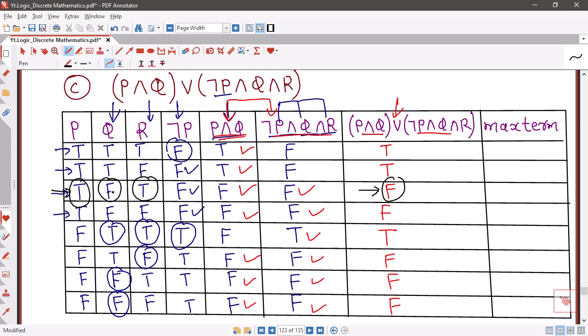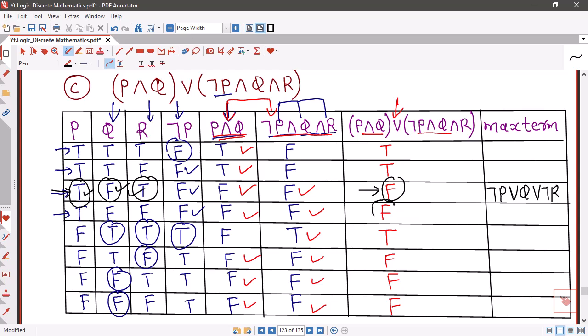So here Q as it is and P and R are true, therefore we will write their negations. So negation P or Q or negation R. I have written negations of P and R because they are having truth value true, and Q as it is because it has truth value F.